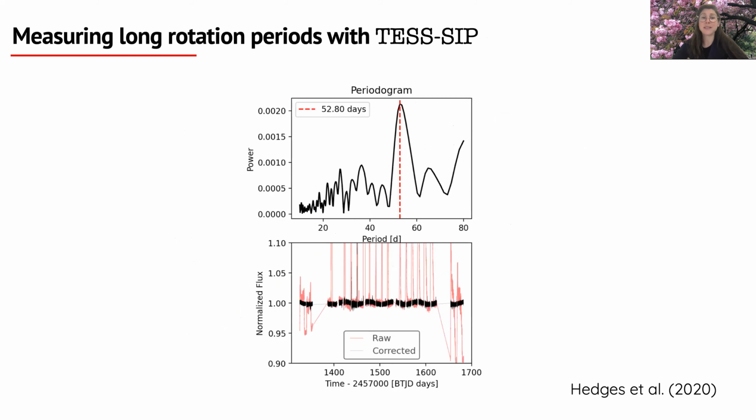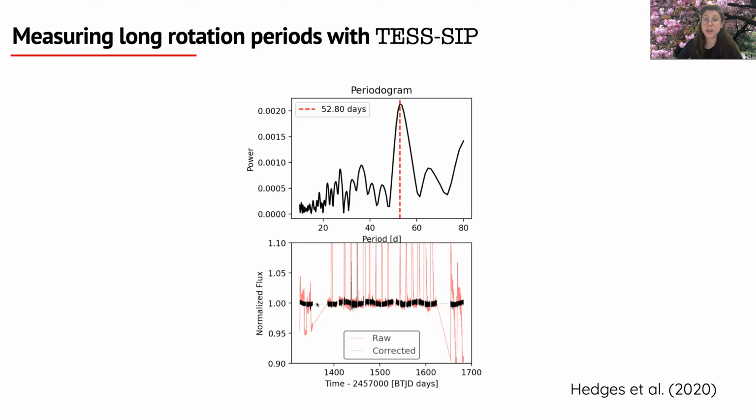I'd like to highlight another method that is designed to preserve long rotation period signals, which is called the TESS-SIP, the TESS Systematics Insensitive Periodogram, developed by Christina Hedges, which fits the systematic trends at the same time as a sinusoid. So it's like a Lomb-Scargle periodogram where you're actually marginalizing over systematic trends that are common between different stars.